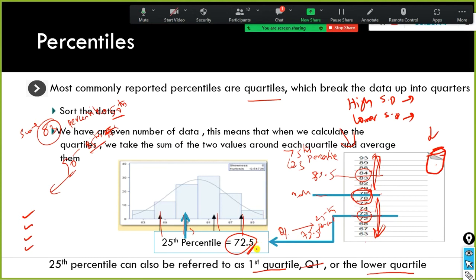It means that 25% of the data values fall at or below 72.5. So 25% of the students scored 72.5 or less than 72.5. That is what the 25th percentile tells us.